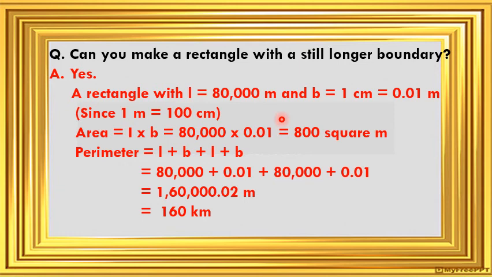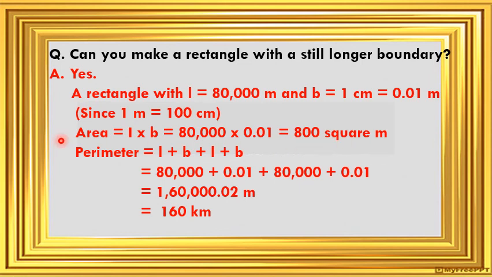Area equals length multiplied by breadth, that is 80,000 multiplied by 0.01, that is 800 square meters. So in all the cases, area remains same, that is 800 square meters. But each time perimeter changes.